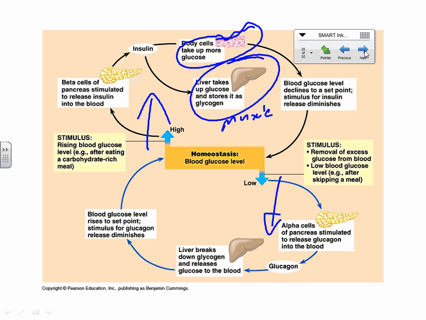The message that it's sending to those cells is to do what to that glycogen you've been storing up? Break it down. Release it into the blood. Raise my blood sugar levels. Those two hormones, glucagon and insulin, are opposites. And what do we call hormones that regulate something because they do it in an opposite direction? Antagonistic hormones. And there are lots of those in your body.